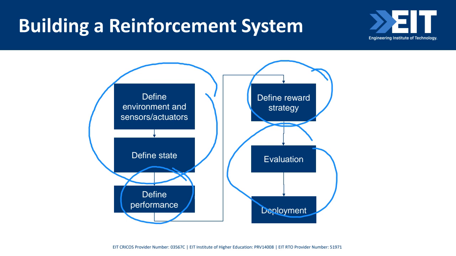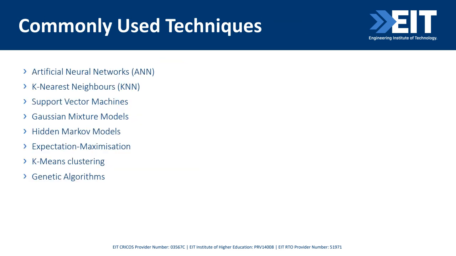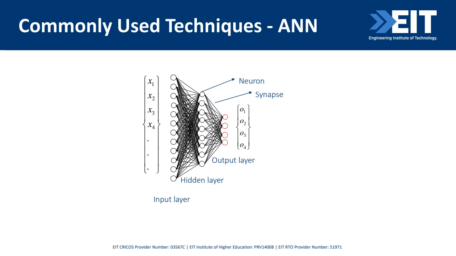Some techniques that are used in AI: artificial neural networks, k-nearest neighbors, and all of these here. Artificial neural networks are what we would call connectionist approaches. This is the example that I mentioned, like think like a human. And they are a model of a neuron, like the neurons that we have in our human brains.